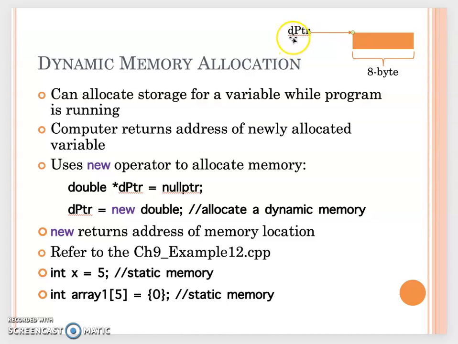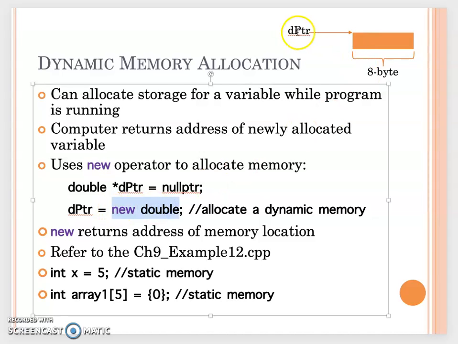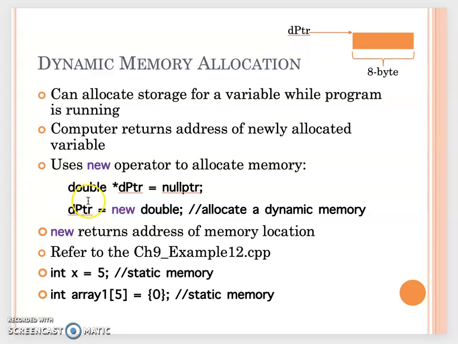This dptr is a standalone variable, but after you assign the memory location to be saved in this variable, this variable kind of refers to this location. So that's dynamic memory allocation.